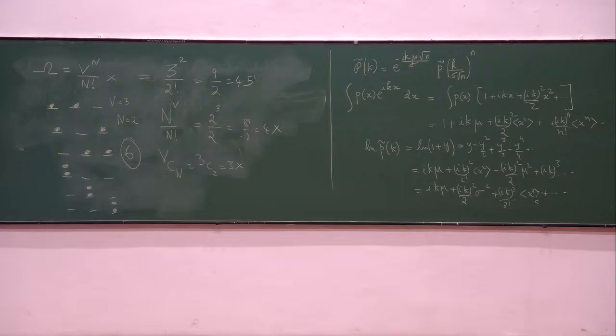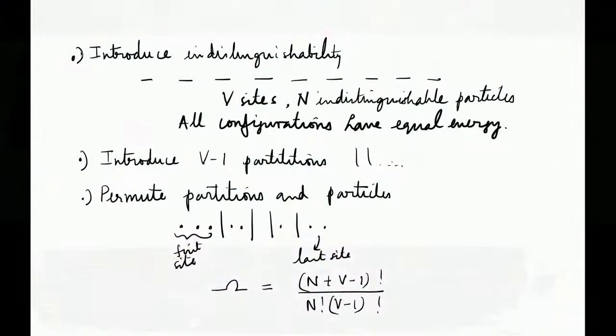Then you permute these partitions and the particles. So a particular configuration looks like this: particle, particle, particle, partition, particle, particle, partition, partition, particle, partition, partition. All these particles I will put in the first side, this in the second side, third side, fourth side, and last side. So that was the way of counting.